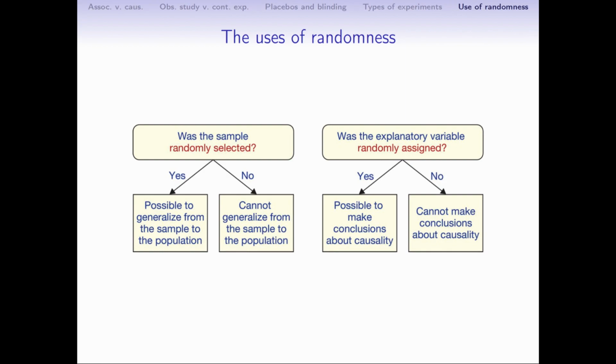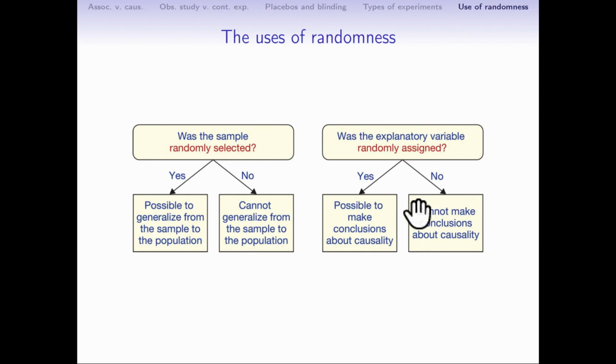A second way is indicated by this question: was the explanatory variable randomly assigned? So when you did your sleep study, or when you did your vitamin C study, how did you allocate your volunteers into the different sleep groups or the different vitamin C dosage groups? Did you do it randomly or not?